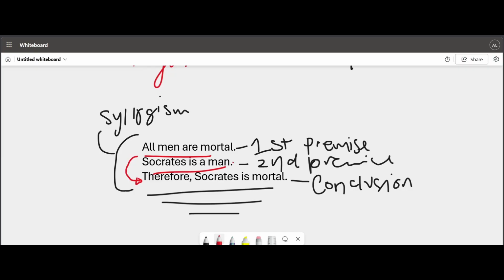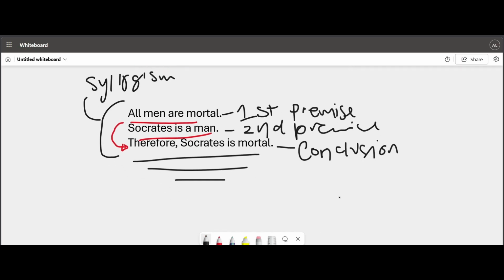All men are mortal, and Socrates is a man. Therefore, Socrates is mortal. Okay, and that's just one simple example of what a proper argument is by using formal logic.